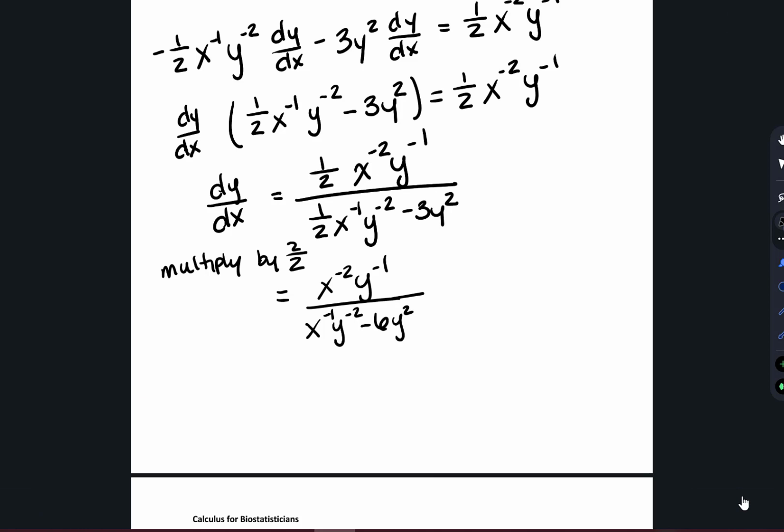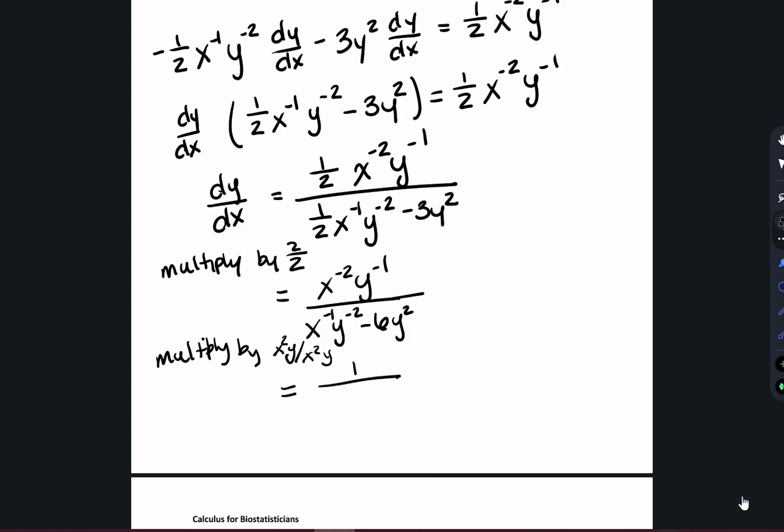And then again, I don't really want to have these negative exponents up here. So next what I'm going to do is multiply both the numerator and the denominator by x squared times y divided by x squared times y. And so if we do this, in the numerator we're going to end up with just 1.